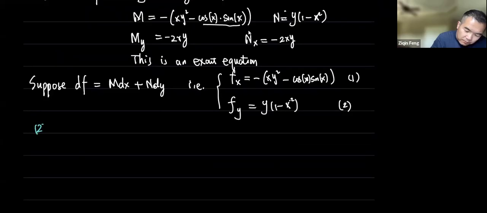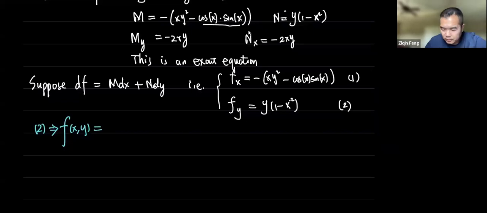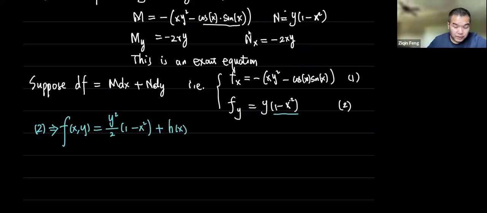And 2 here implies f of x, y equal to what? That's a constant compared to y. So you get y squared over 2 times 1 minus x squared, and then plus a function, a constant relative to y. So that should be a function h of x containing only x, right?